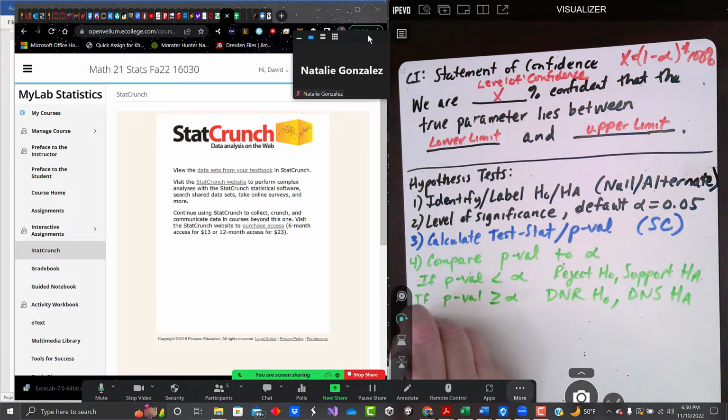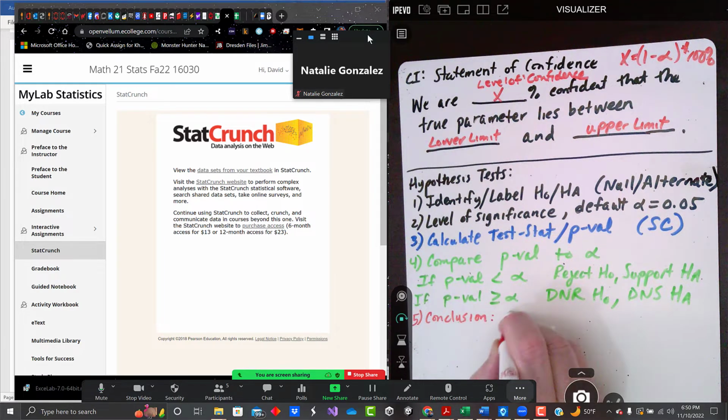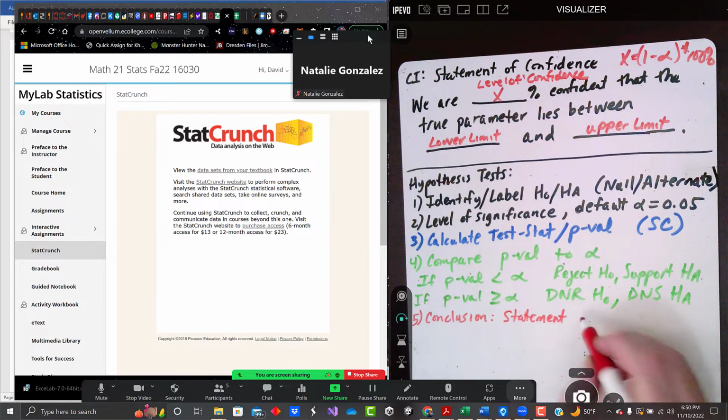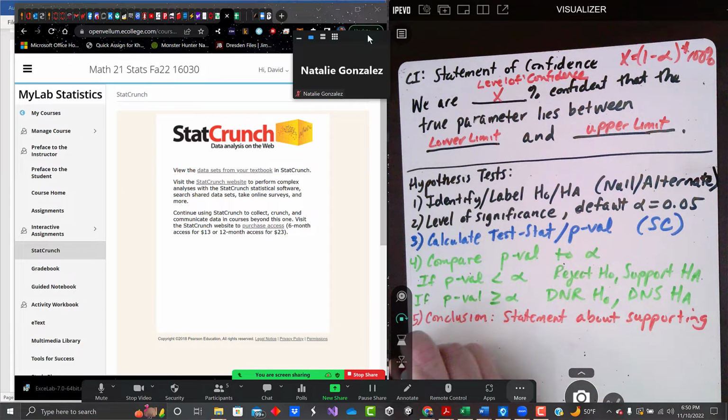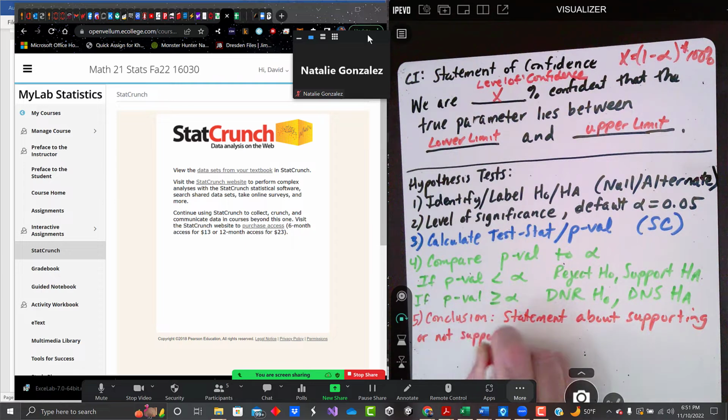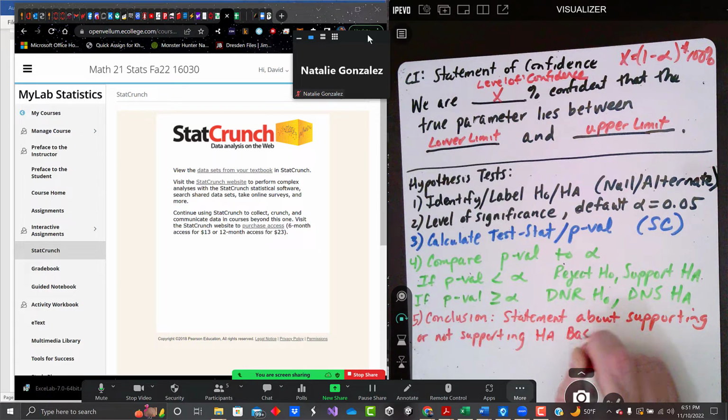And finally, our conclusion. This is a statement about supporting or not supporting HA, based on the evidence.